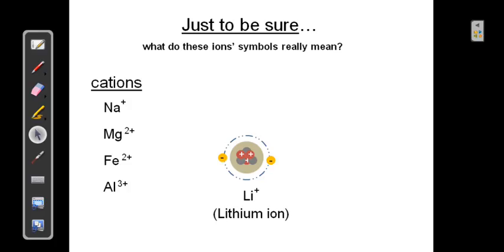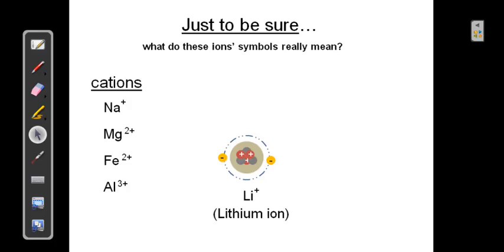Is it a noble gas? Yes, it achieved the duplet status, having 2 electrons in 1 shell. It appears like helium, but when you look closely, you find that the lithium ion still has 3 protons but 2 electrons.